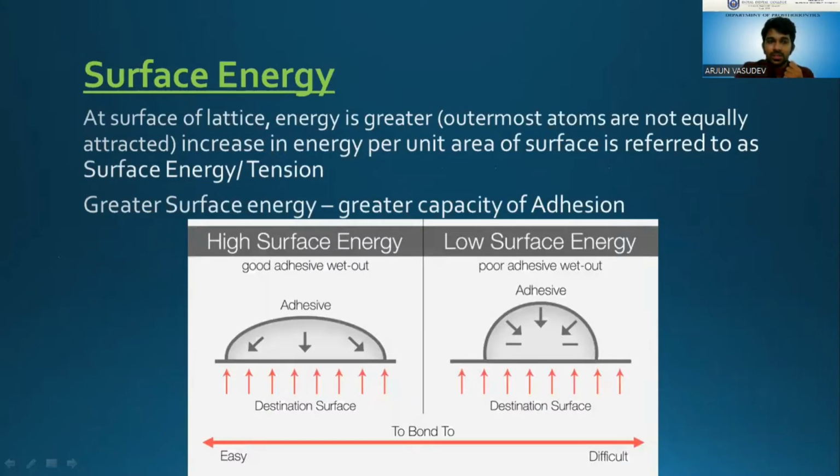Now, surface energy. At the surface of the lattice, energy is greater and the outermost atoms are not equally attracted. The increase in energy per unit area of surface is referred to as surface energy or tension. Greater surface energy means greater capacity of adhesion.